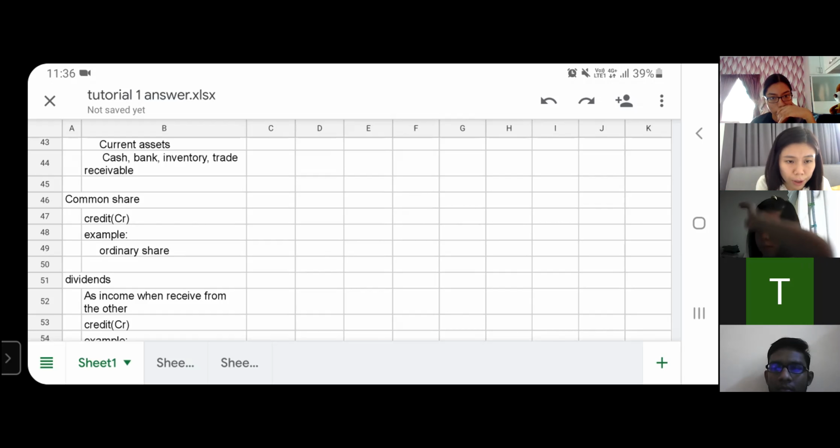We will not easily sell the private share to outsiders, so normally the public cannot hold it. The private share gets a fixed percentage of dividend every year.